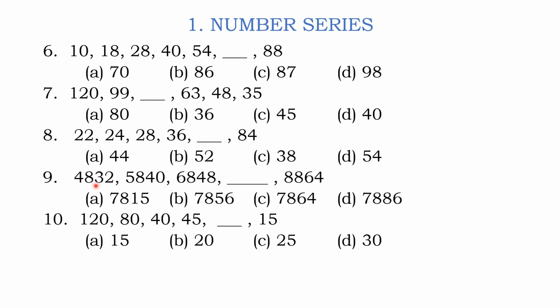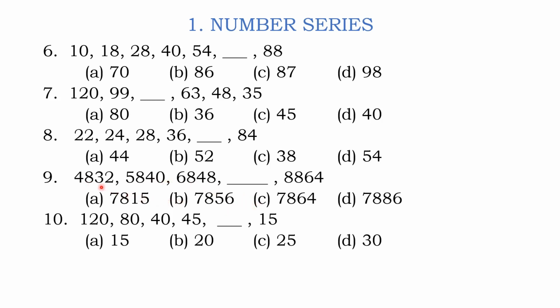And in the next problem we have 4,832, 5,840, 6,848 like this. So here the thousands place is increasing by 1: 4, 5, 6. So the next should be 7, that is 7,000 something. In all the answers we find 7 as common. Then the hundreds place is also the same, 8 everywhere.